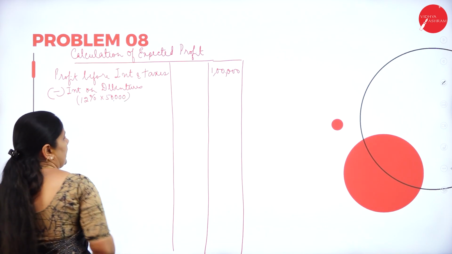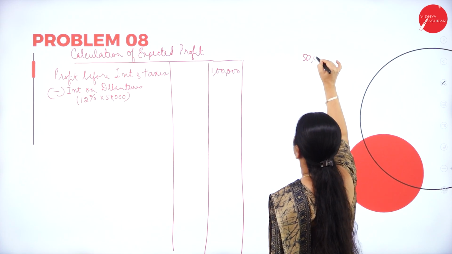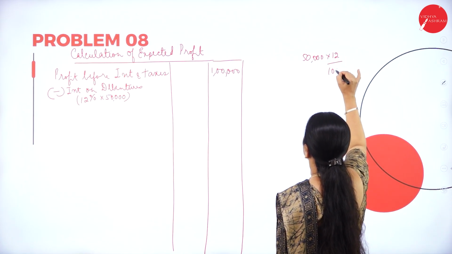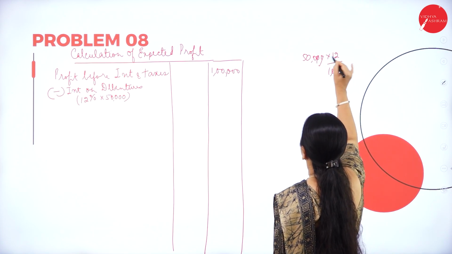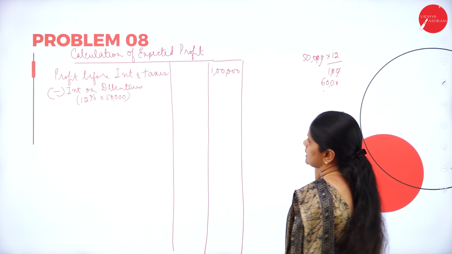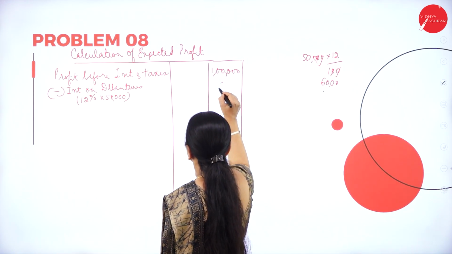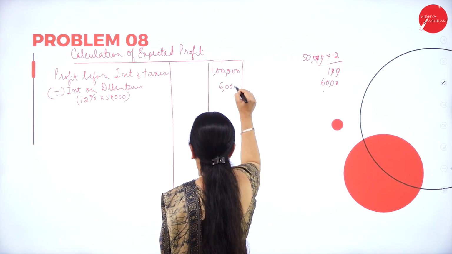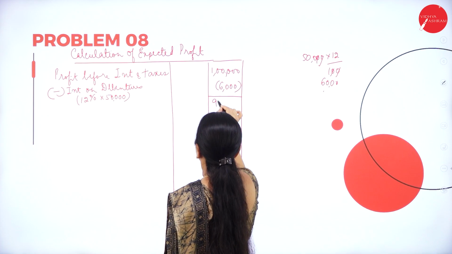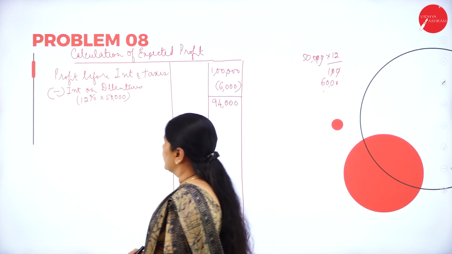When I calculate 50,000 into 12 by 100, 12 5s are 60, 6,000. So interest on debentures is 6,000. I am deducting. So I get 94,000.